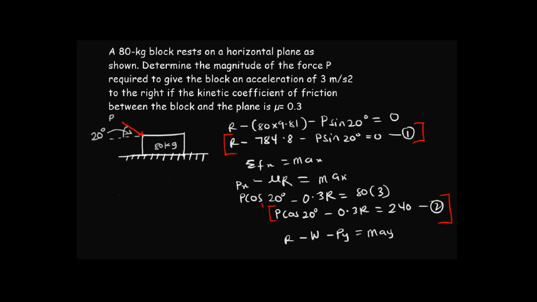For equation 1, I have R minus P sine 20 degrees equals 784.8. This is equation 1. And then for equation 2, I'm going to have minus 0.3 R plus P cosine of 20 degrees, and this will be equal to 240. This is equation 2.